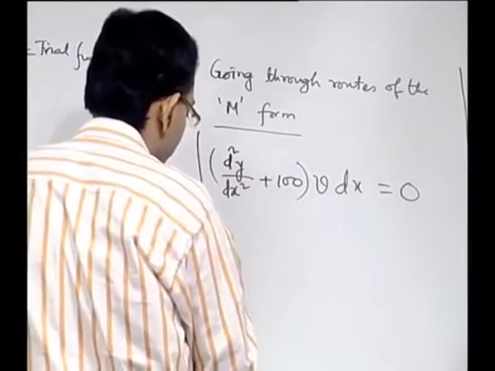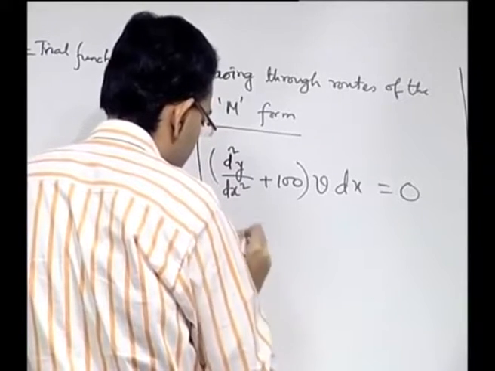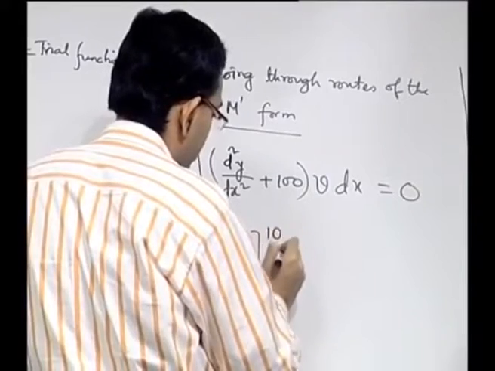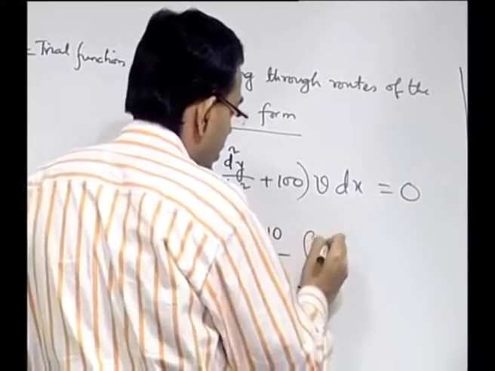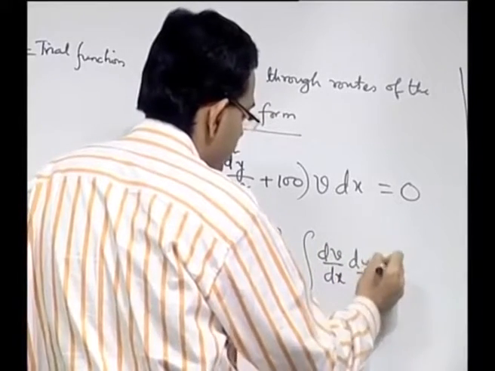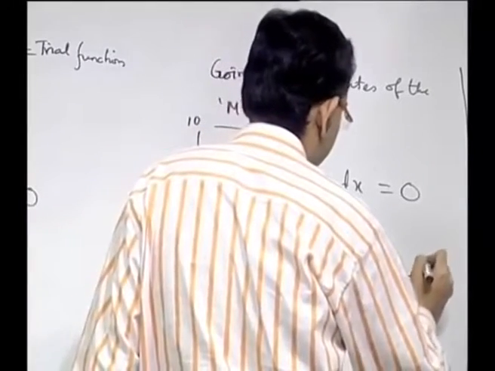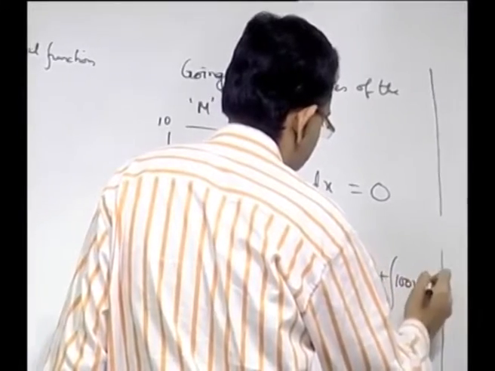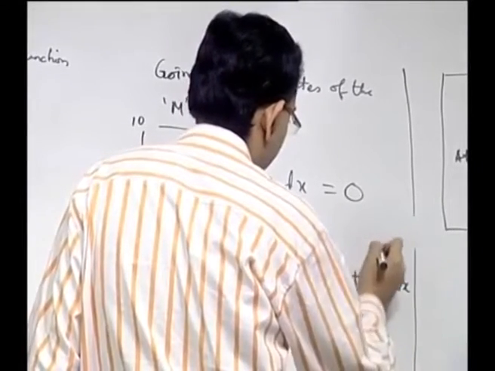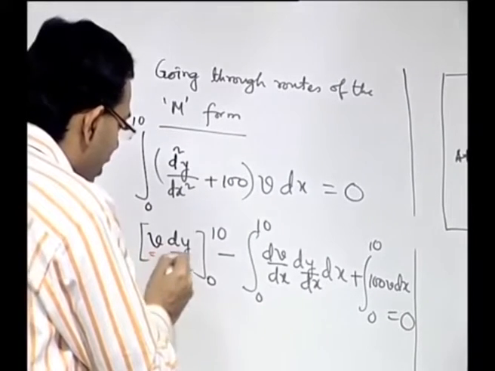So, V into dy dx minus integral of dv dx into dy dx equal to 0. So, you have come up with a boundary term V into dy dx.